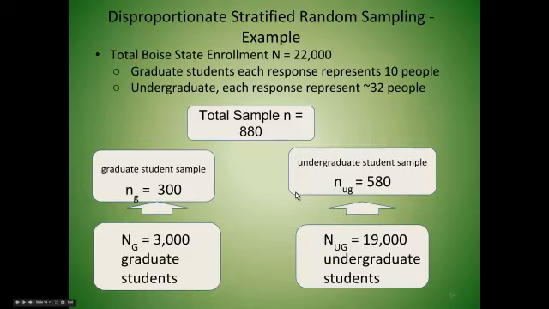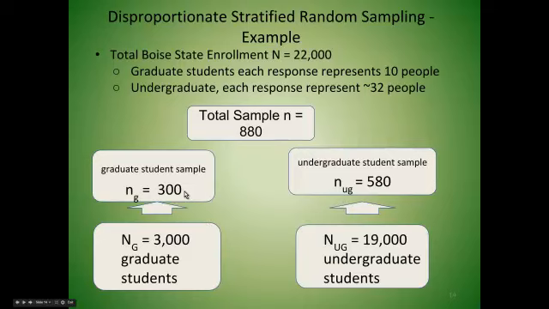As we will talk about in the next presentation, this provides us with a sample size big enough in both strata to do more robust quantitative analysis. And we can be pretty confident that the randomly selected 300 names here are representative of all graduate students in the aggregate, and that the 580 names from the undergraduate pool are still representative of undergraduate students at Boise State in the aggregate.